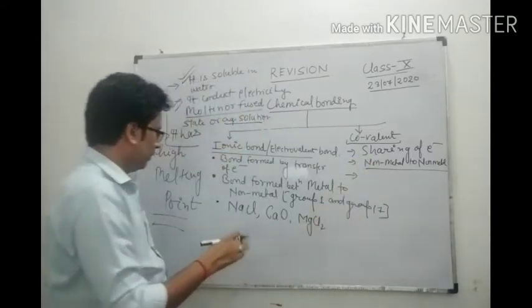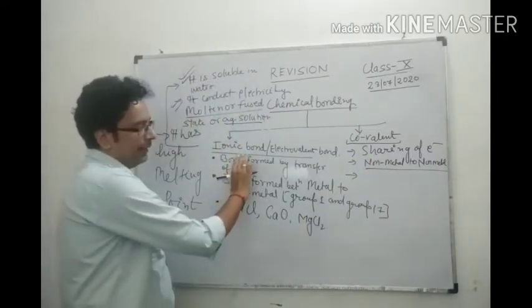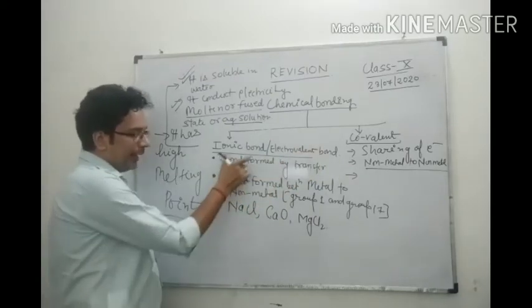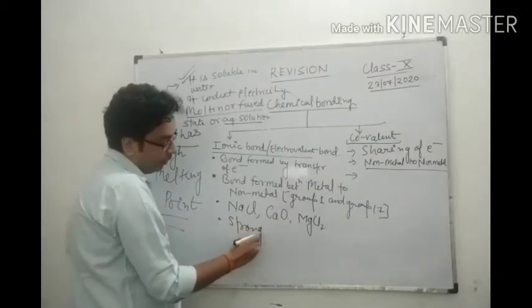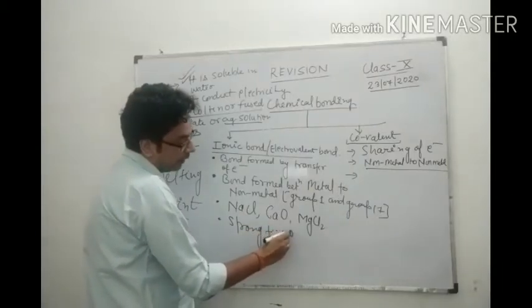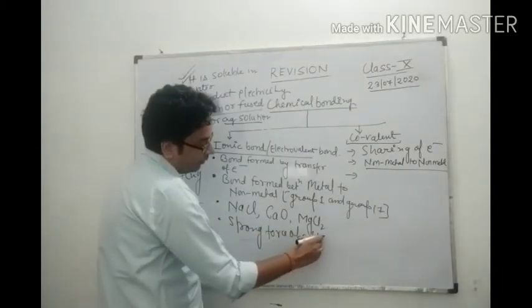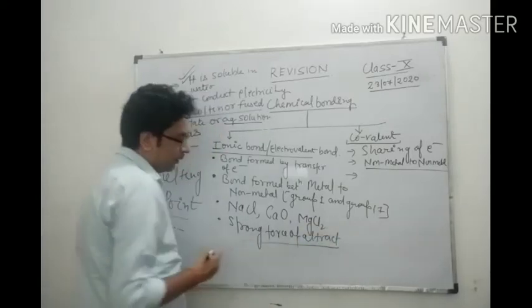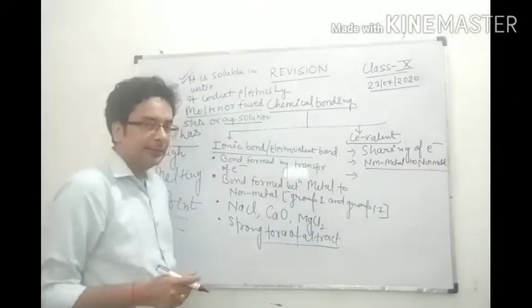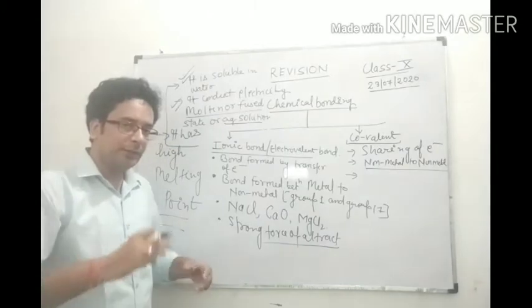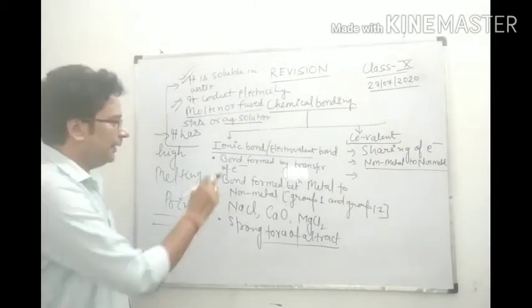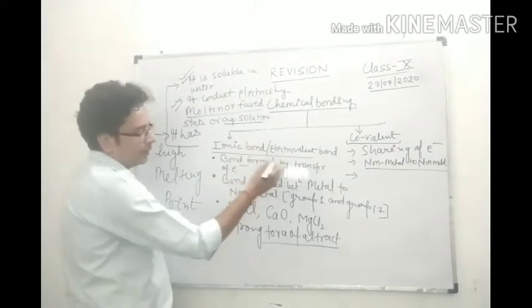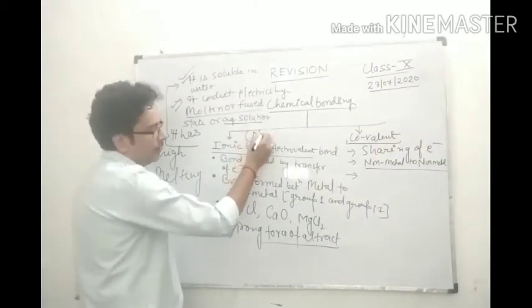Now compare the ionic bond and the electrovalent bond. In an ionic bond there is a strong force of attraction. Due to the strong force of attraction, molecules are compactly held to each other. That is why all ionic compounds are non-volatile.